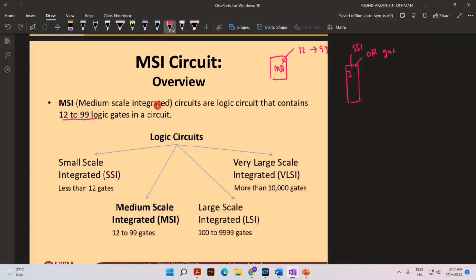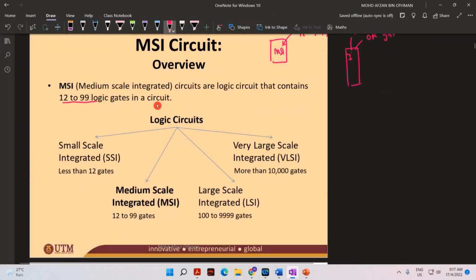And last but not least is the VLSI, which consists of more than 10,000 gates inside the IC. The VLSI is actually your processor, the CPU of your computer, which has more than 10,000 gates inside the IC.